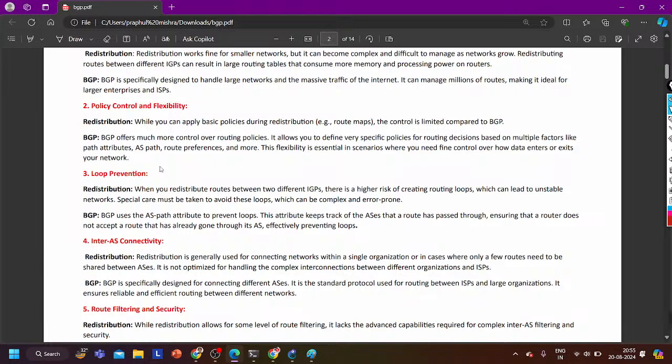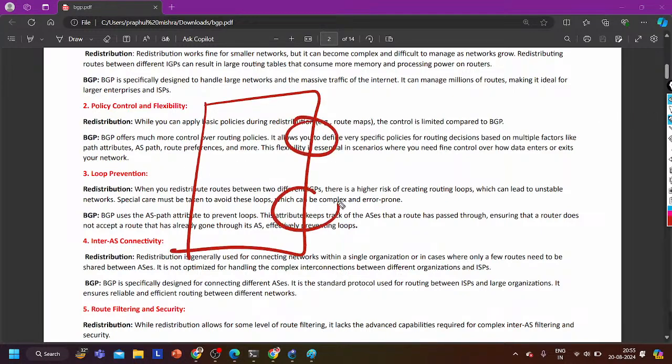Like let's say in my company there are two exit points, right? To go on the internet, let's say. This is my company, there are two routers, right? Through these two points, the user can go outside, maybe on the internet or to another company. So in BGP, you have lots of options to control this exit point.